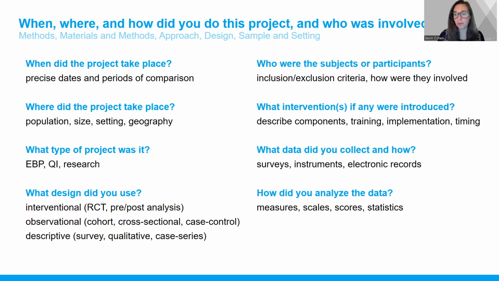You could tell a little bit about the size of the unit. Maybe it's an 18-bed unit. You could talk a little bit about the type of hospital and the size of the hospital, such as a large urban academic medical center versus a smaller 100-bed community hospital. So give as much background as you can to describe the setting where the project took place.